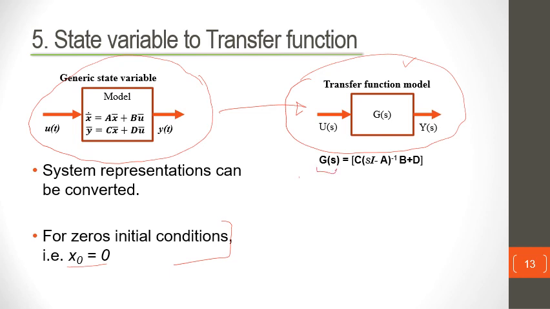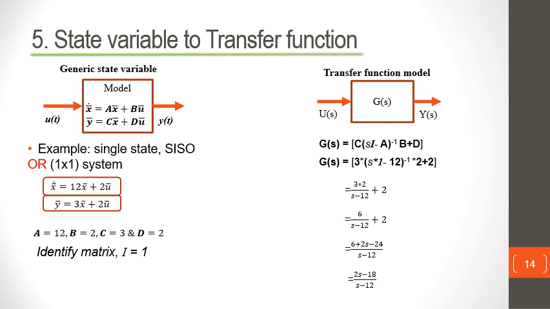The transfer function G of s is simply equal to c times the inverse of s times the identity matrix minus a, times b, plus d. That's how you convert from a state variable to the equivalent transfer function model.